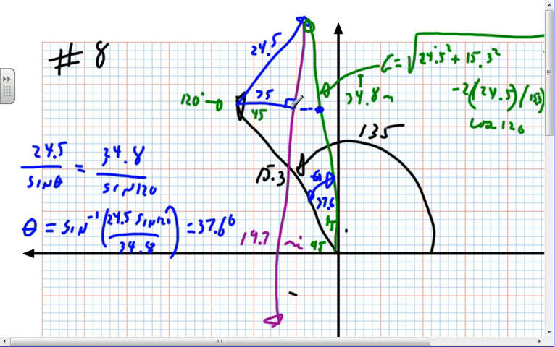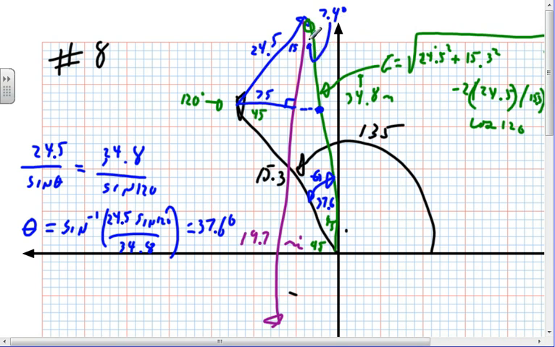If that's a right angle and this is 75 degrees, that means this has to be 15, right? 15 on this side. If I go 180 minus 37.6 minus 75 minus 45 minus 15, I end up with 7.4 degrees. So I got 7.4 degrees sitting right here.